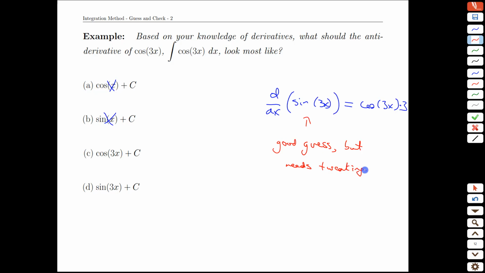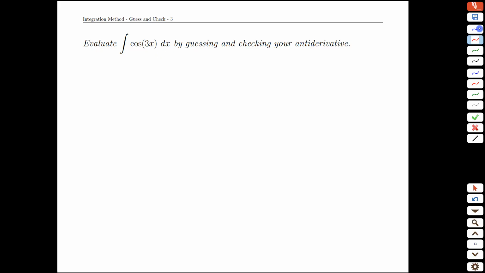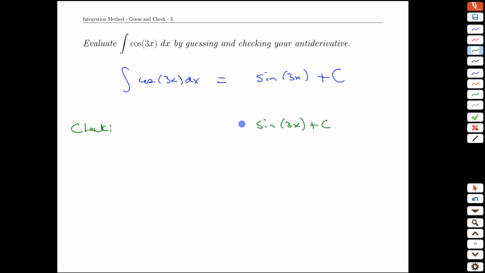And fortunately, it's not too complicated to do that. If we're going to say the integral of cos of 3x is something like sine of 3x, and including our constant, that doesn't hurt, the way we can check this is by working our way backwards. I like writing it underneath, saying we've got sine of 3x plus c, and then asking what's the derivative of that.